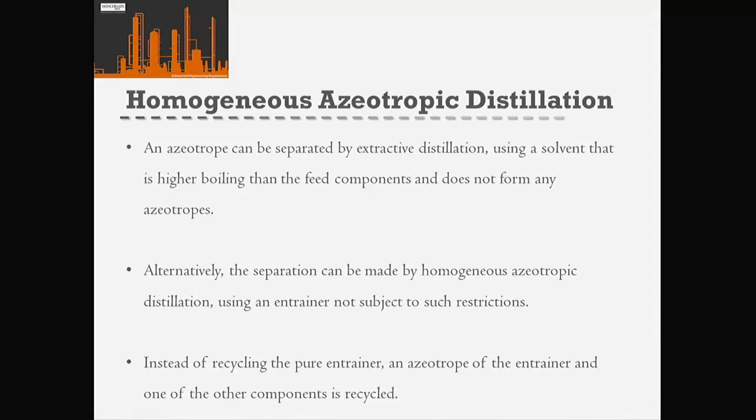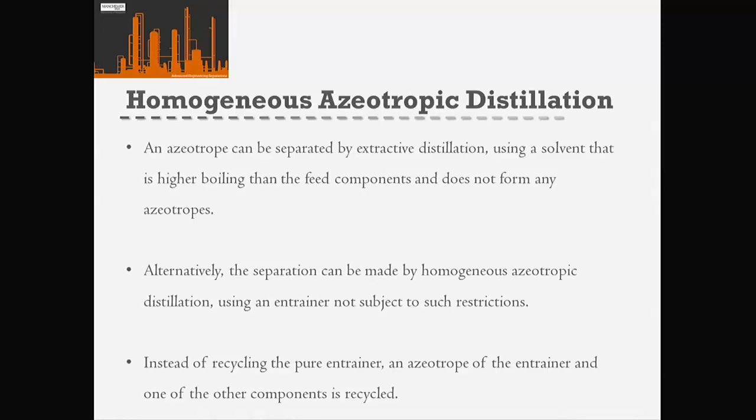So far, in the two methods we've looked at, the extractive distillation and the pressure swing distillation, we've actually been quite lucky, because we've either managed to find an azeotrope that moves quite a lot when we change the pressure a little bit, or we've managed to find a solvent that we can add to our system that doesn't form an azeotrope with either of the components that we already have in the system. So both of those options would make us pretty lucky to be able to find.